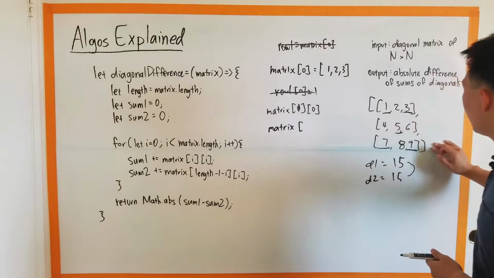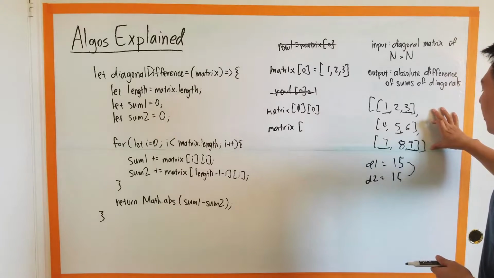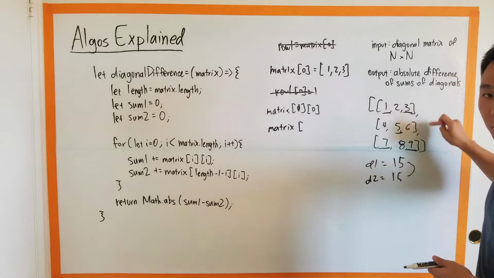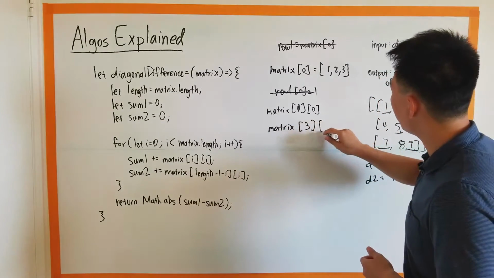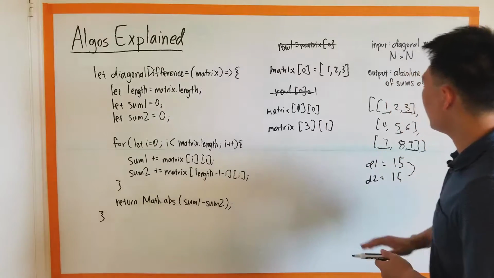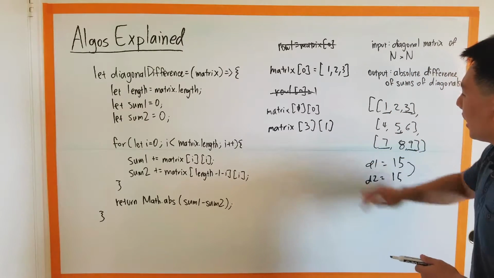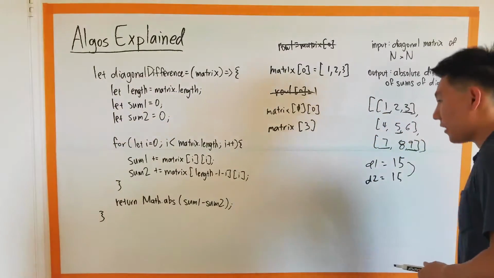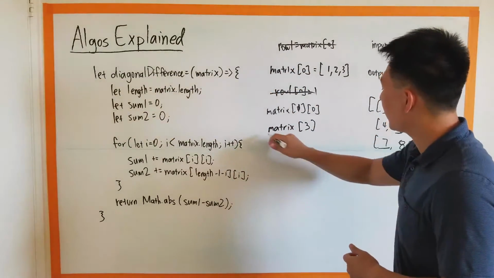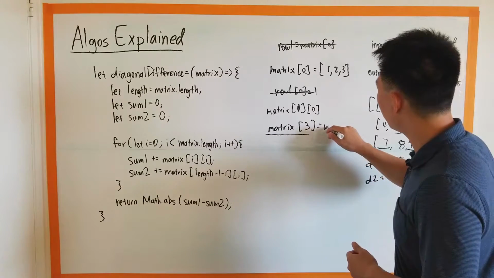We know we have lengths of 3, so that means it's index 0, 1, and 2. And if we try to tap into matrix of 3 and something here, if we just ask our program to give us what this returns, that'll probably be undefined.